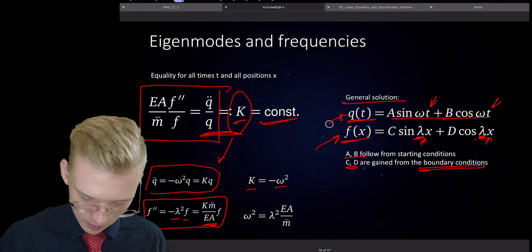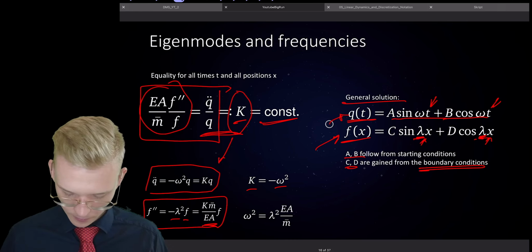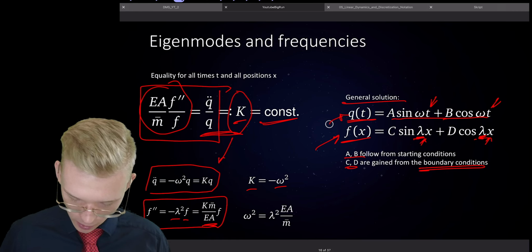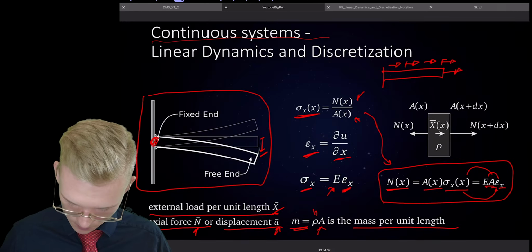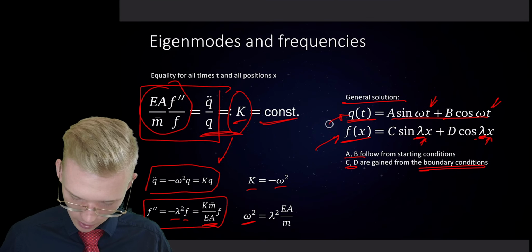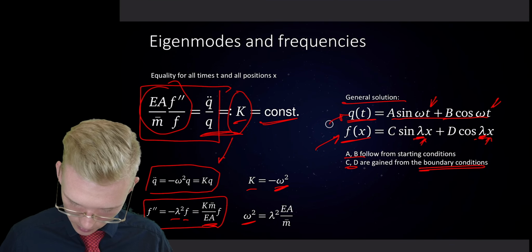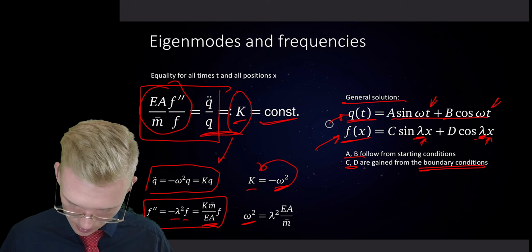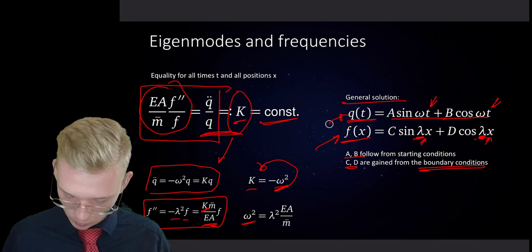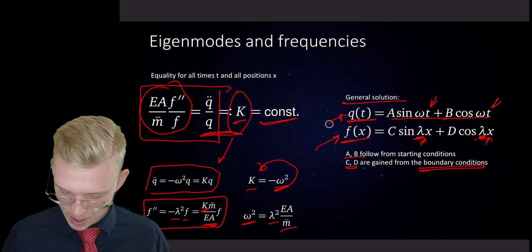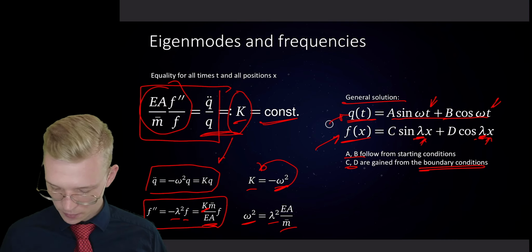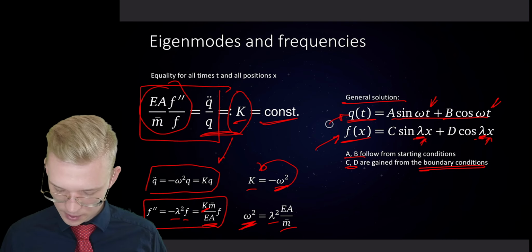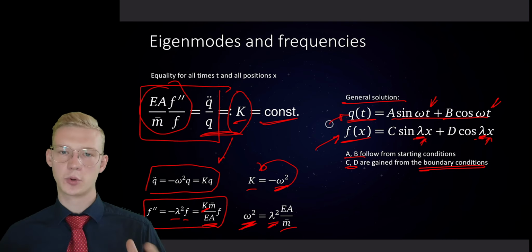So if we just look at these two parts, we know that our omega squared, which is equal to K, is equal to lambda squared EA divided by M. So what do we know from that? We know that lambda and omega squared are proportional.